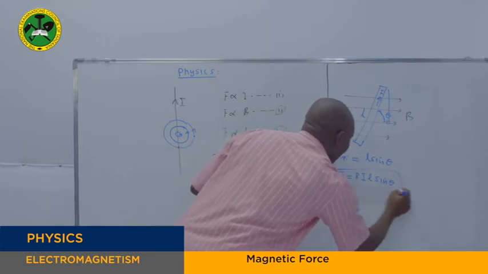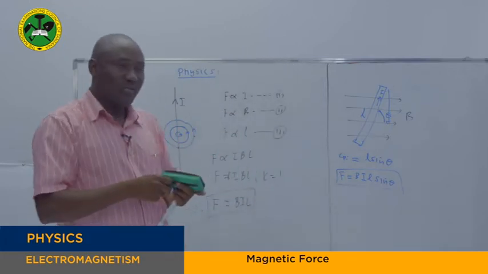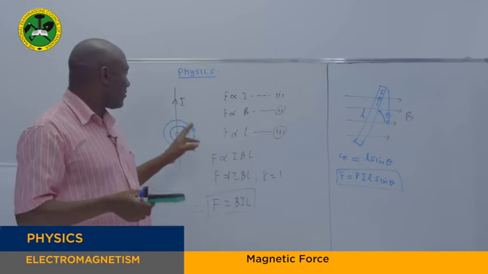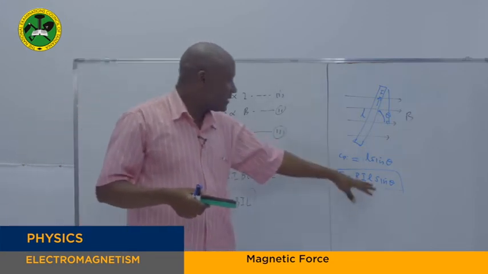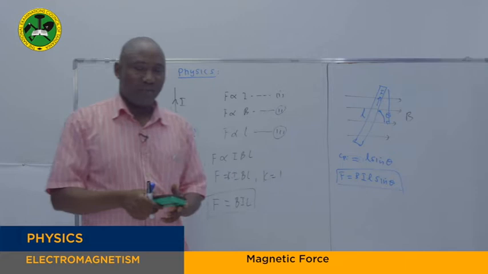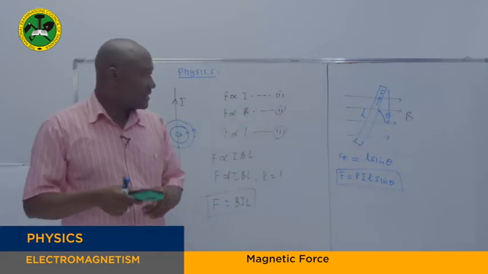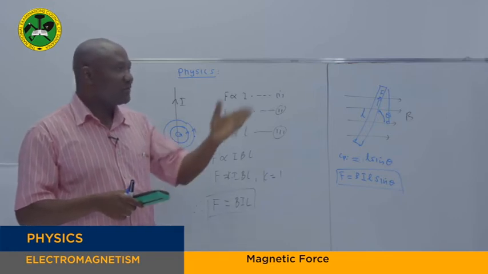We come to the conclusion that when the angle between the conductor and B is 0, the conductor and the magnetic field are parallel to each other, and there is no force according to the formula.